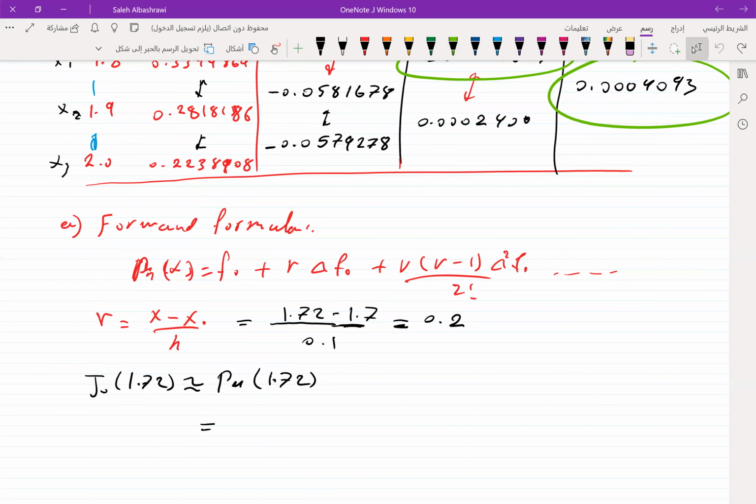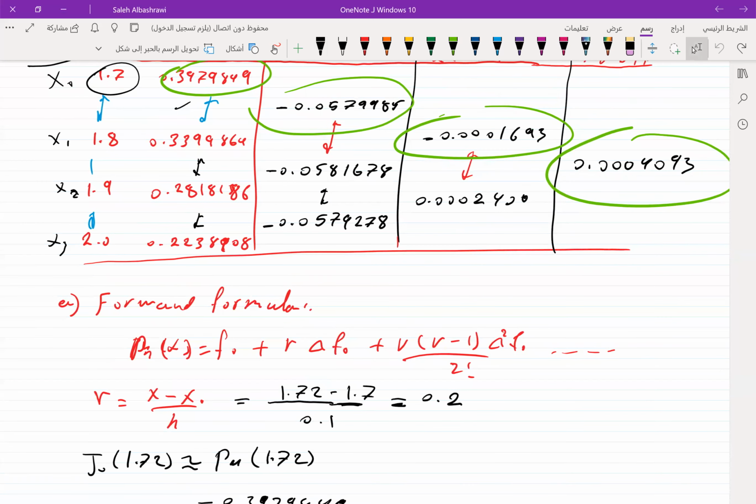So this will be given by 0.3979849. This is the first value there.